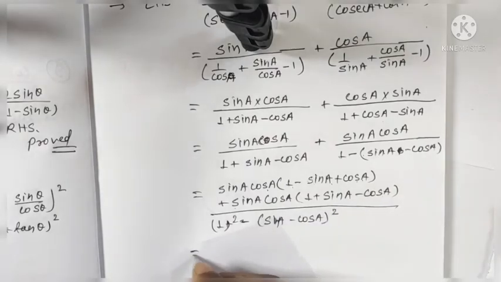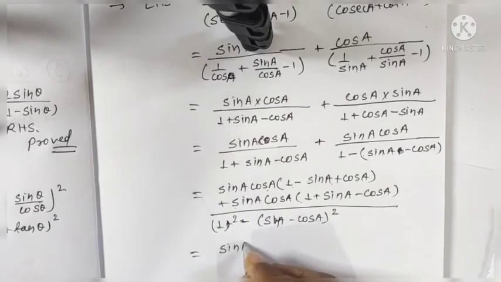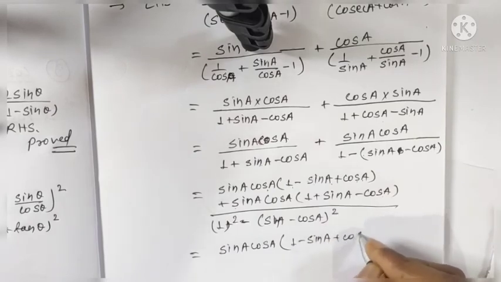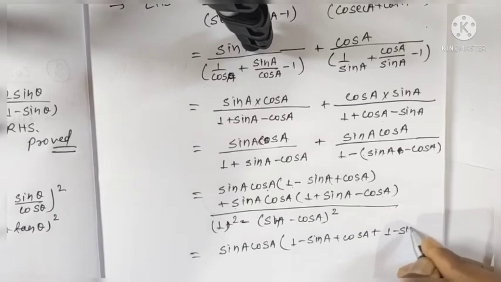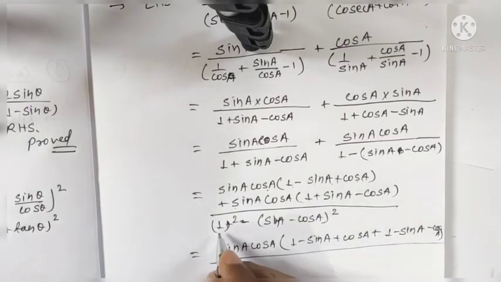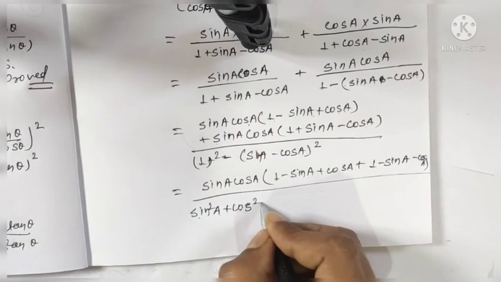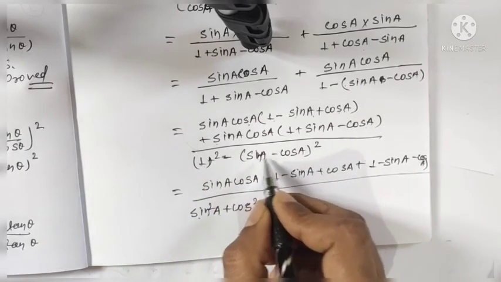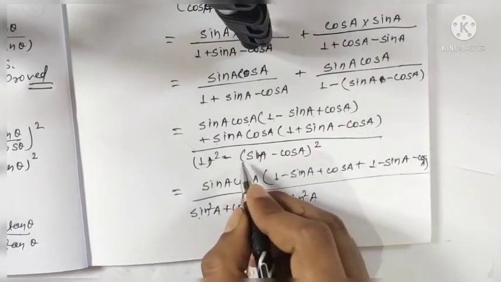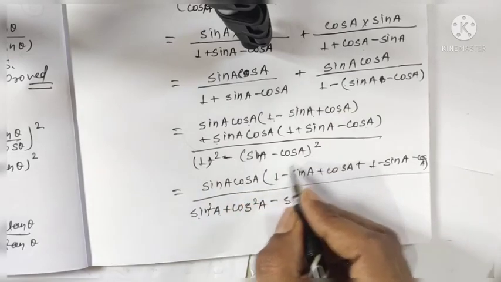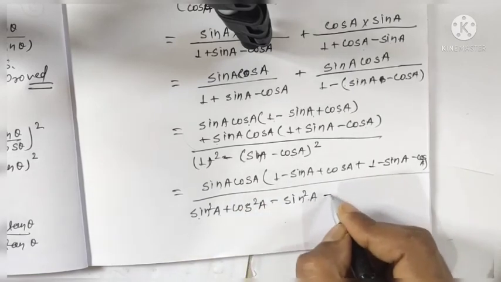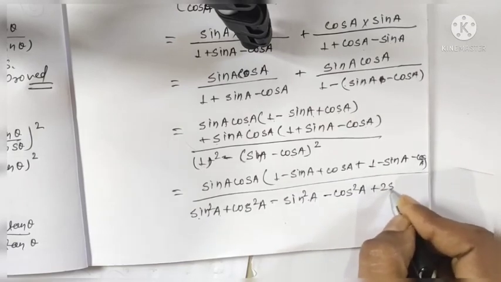Now by taking sin A cos A common, it will be (1 minus sin A plus cos A plus 1 minus sin A minus cos A) divided by 1, which can be written as sin square A plus cos square A, minus, now it is in the form of (a minus b) whole square, so it will be a square plus b square minus 2ab, and when there is a minus sign here, all of these terms will be multiplied with minus, hence it will be minus sin square A minus cos square A plus 2 sin A cos A.